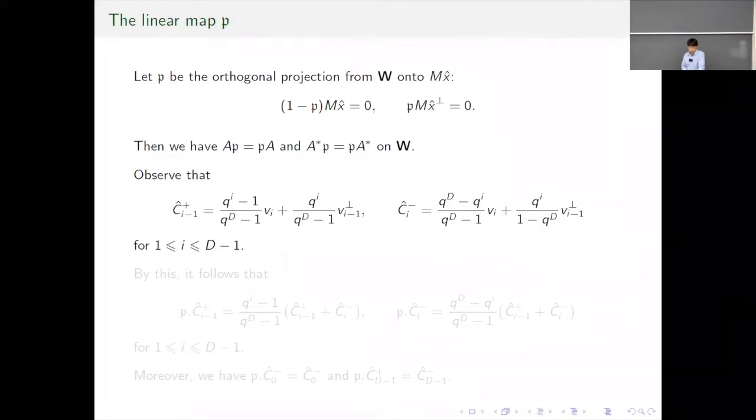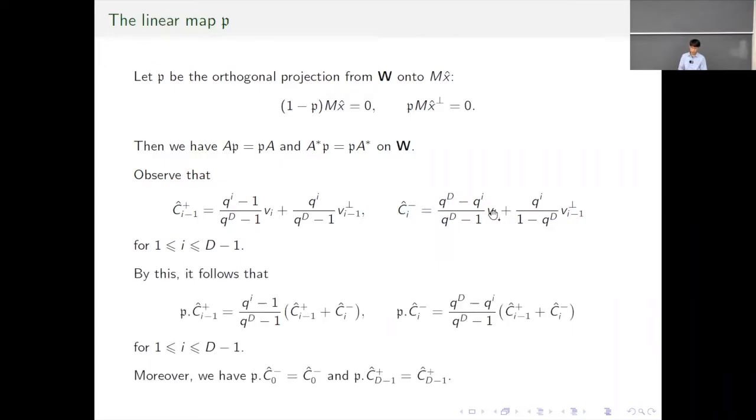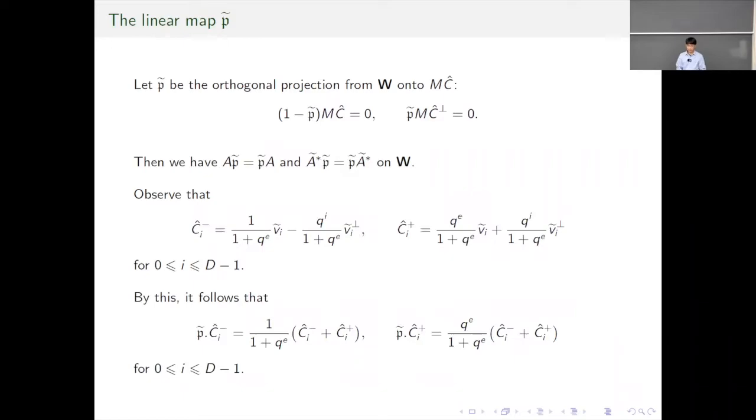Now we just apply the projection P to both sides of this equation. Then we have this equation as well that shows us the action of P on the space W. Similarly, P tilde perp is the projection onto MC hat. So we have the action of P tilde on CI plus minus.